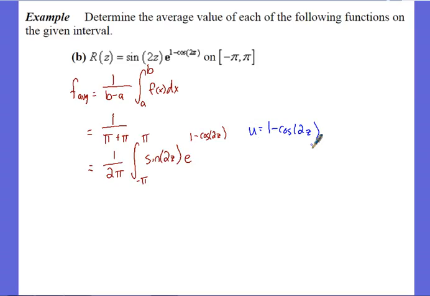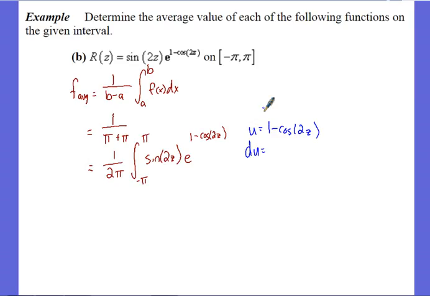So therefore, guys, what is du? What rule am I going to use here? It's the chain rule, because there's a function inside. First of all, does everybody realize the 1 doesn't matter? So basically I'm looking at a negative cosine of 2z.